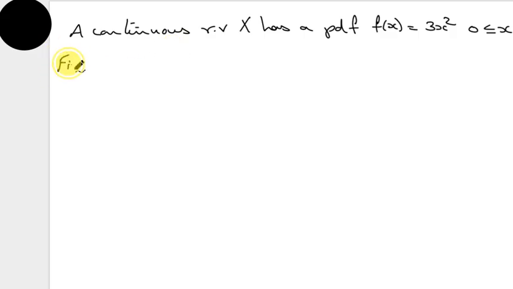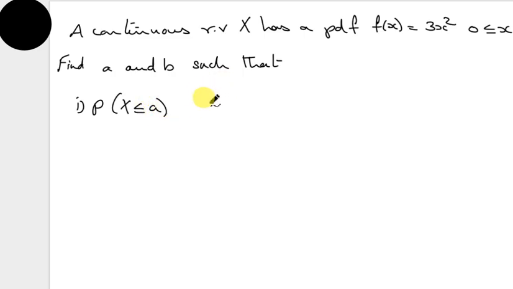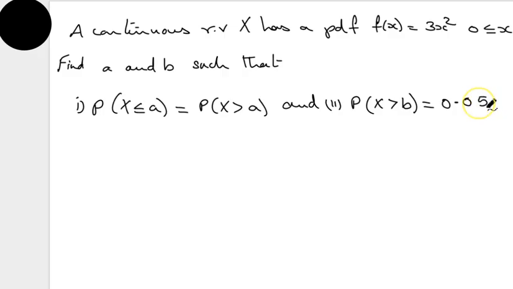Find a and b such that, number 1, probability of x less than or equal to a equals probability of x greater than a, and secondly, probability of x greater than b equals 0.05. Let us now start with the solution to this problem.